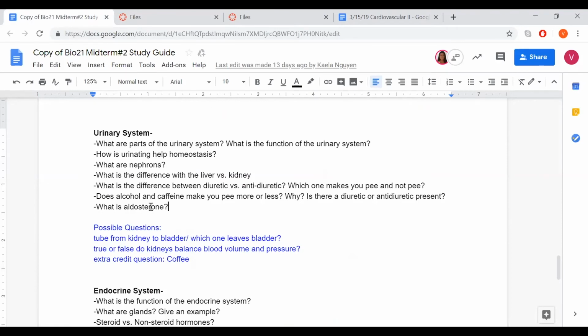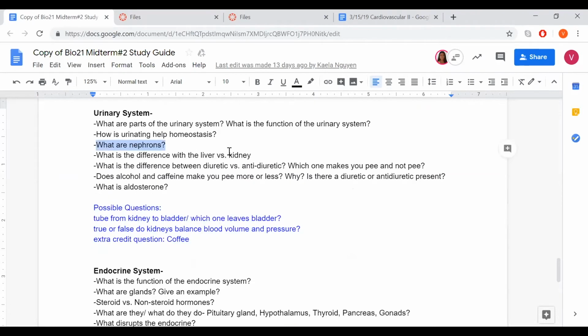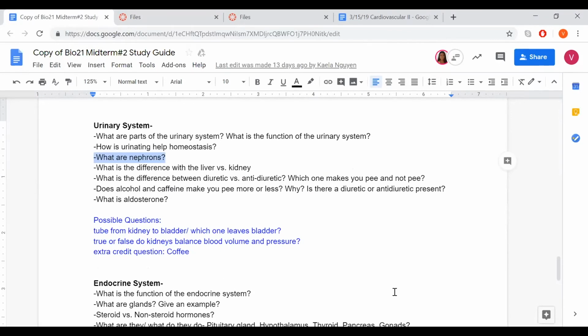Okay. So I feel like we went through the slide that says how urinating helps homeostasis, so we can move on to this question right here. What are nephrons?